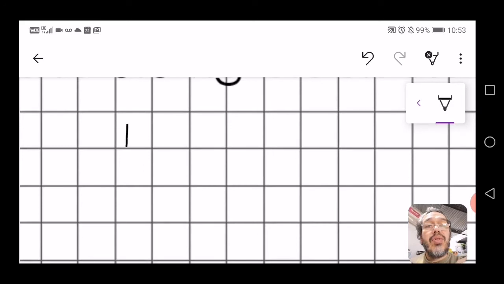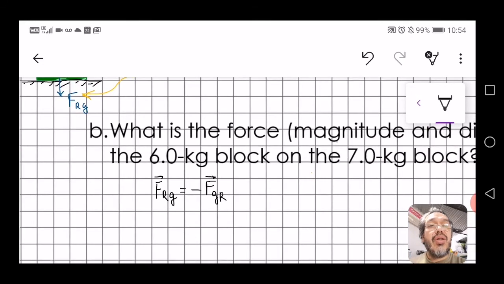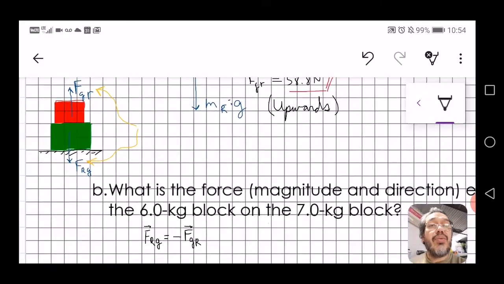So the force exerted by the red on the green is the opposite and same magnitude as the force exerted by the green on the red. And of course, we already know that second one because we just found it.